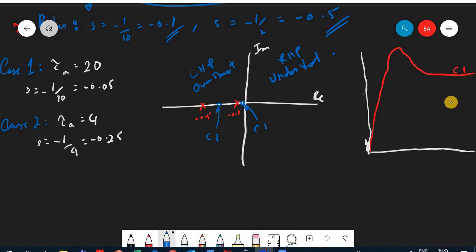And in this case, is that an overshoot or not? It's not easy to decide. You can say that you will have an overshoot because the zero will still have an effect. It will lift up my response.